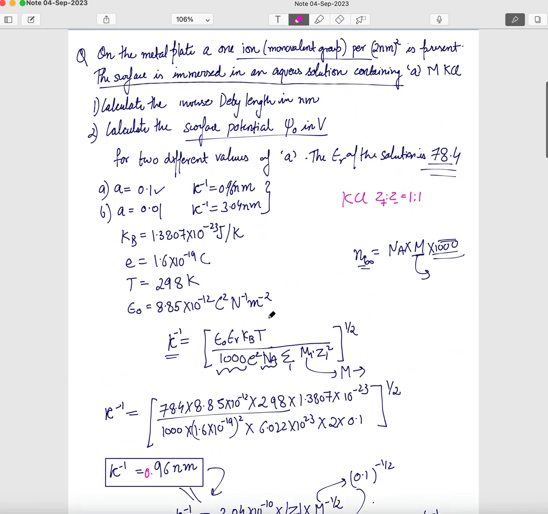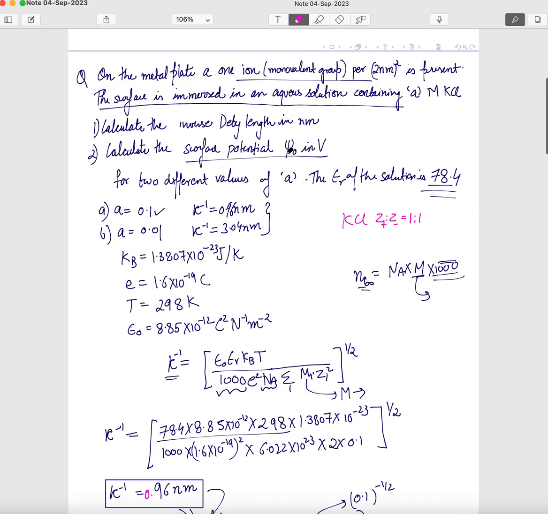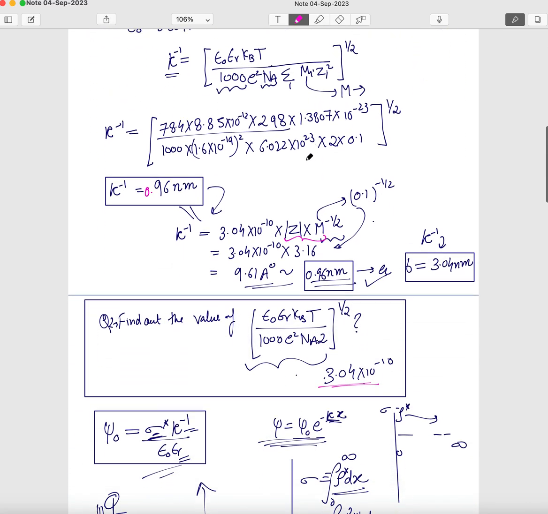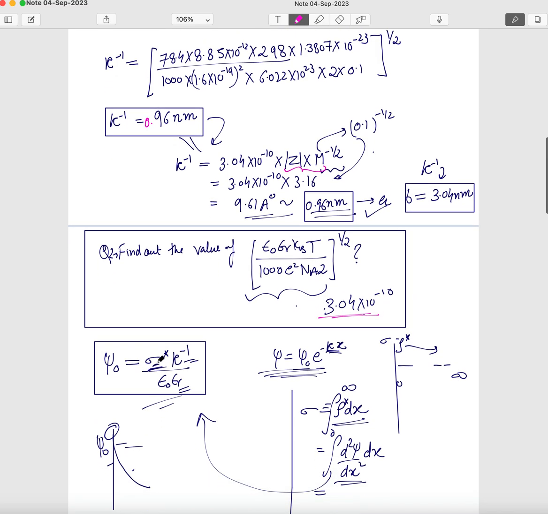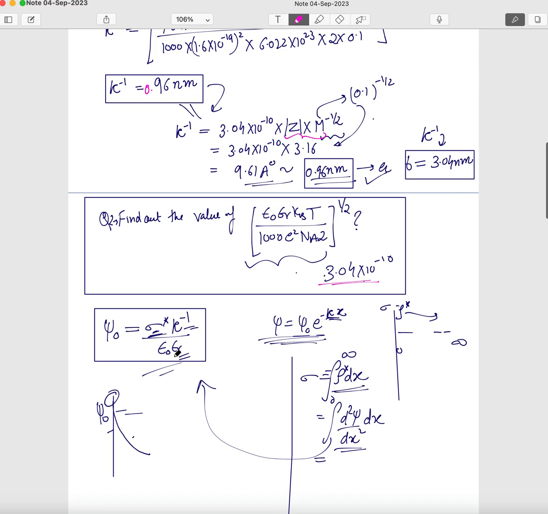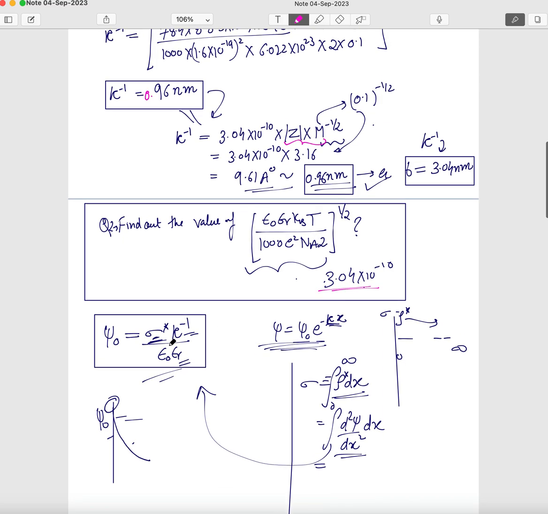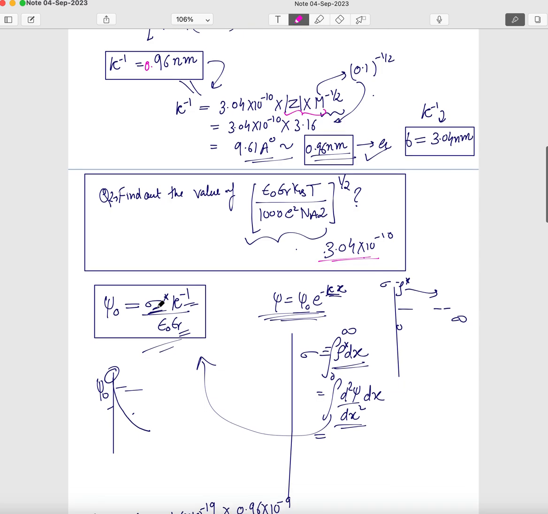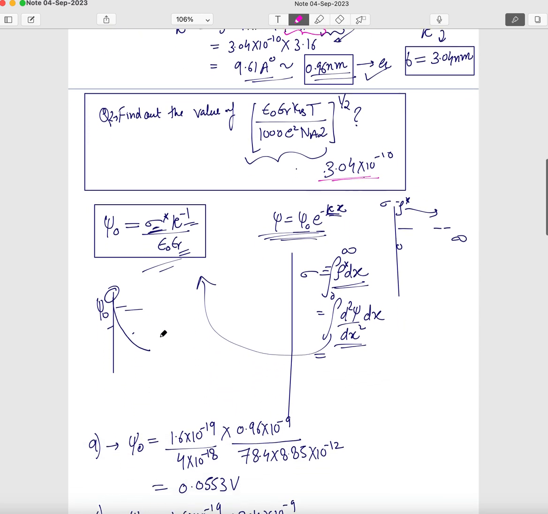Now the other part is to calculate the surface potential psi naught in volt. As discussed in the lecture, psi naught depends upon the surface charge density sigma star, kappa inverse, the inverse Debye length we just calculated, and epsilon naught into epsilon r. The important part is to calculate sigma star, the surface charge density.